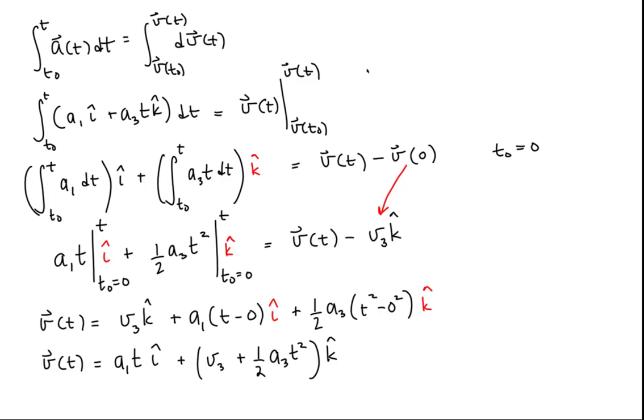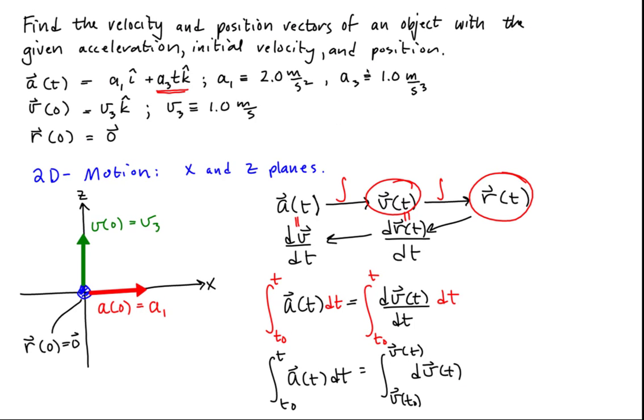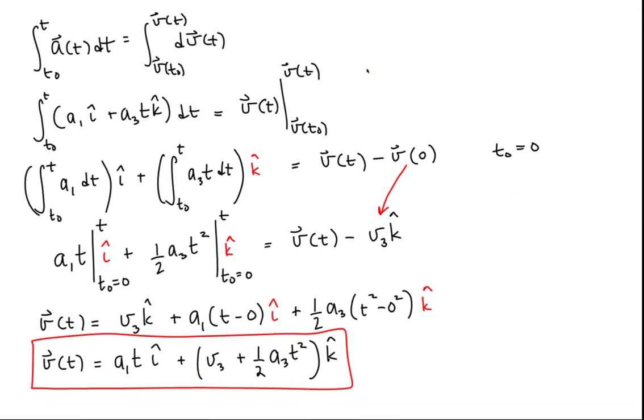Here is an expression for our velocity as a function of time. Notice how we did this: we started with acceleration right here, and we integrated it to get velocity as a function of time.